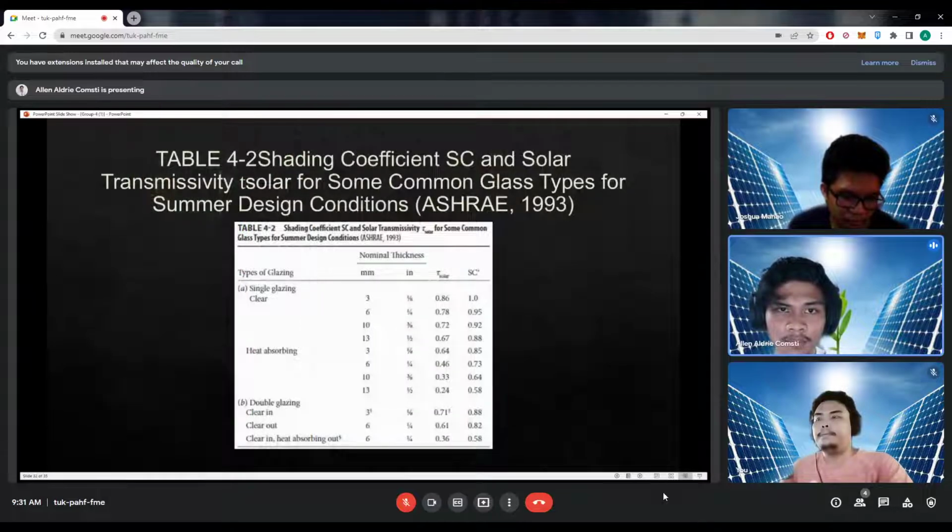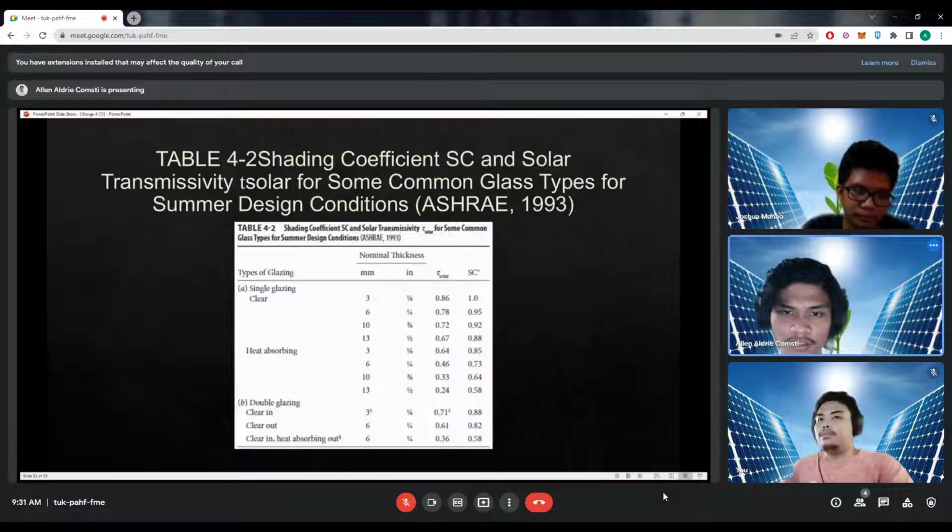This is the table of the shading coefficient SC and solar transmittivity T solar for some common glass types for summer design conditions. This is the type of glazing and its thickness.